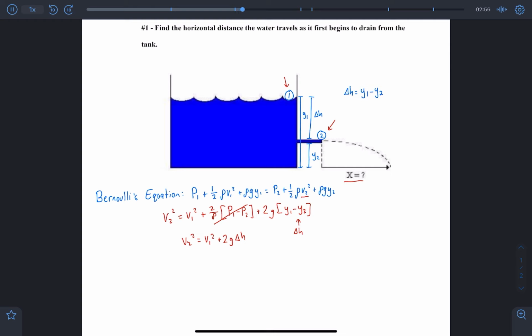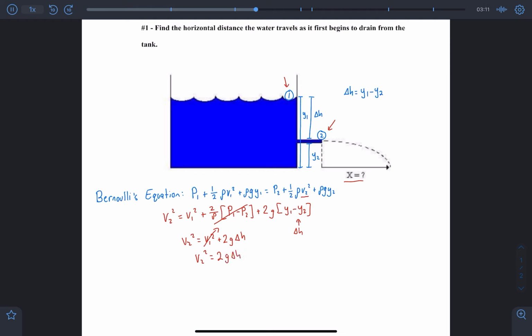It's so much greater that the velocity at point 1 is almost negligible in this equation, so we can set it to 0 and be left with V2 squared is equal to 2g delta H.